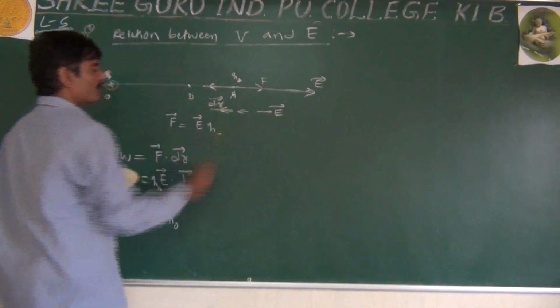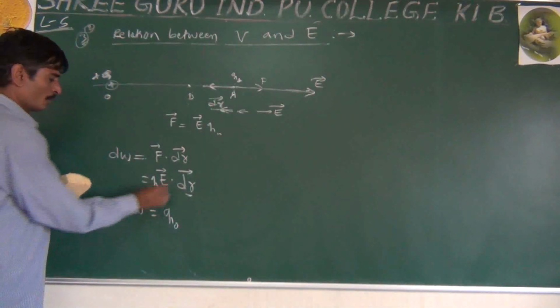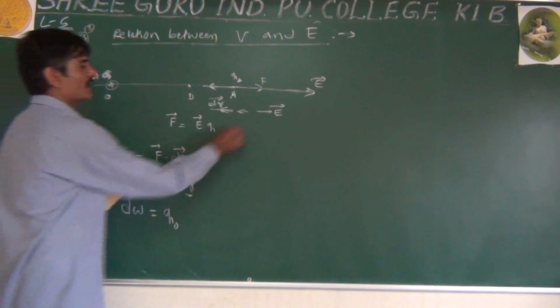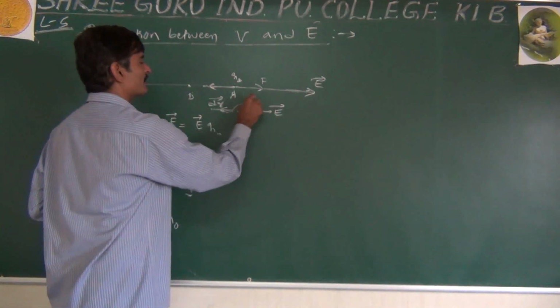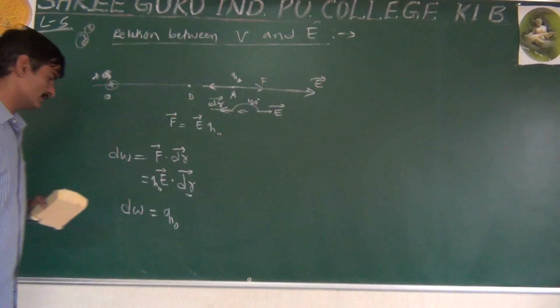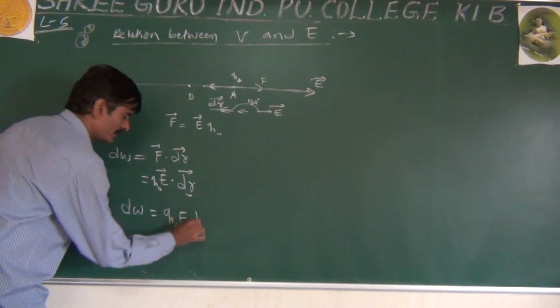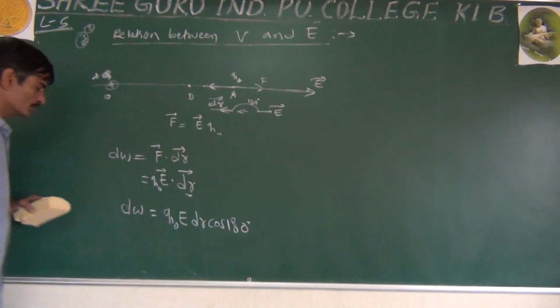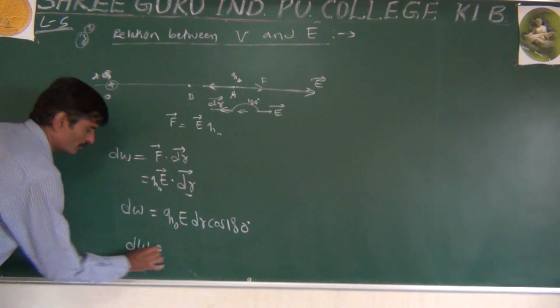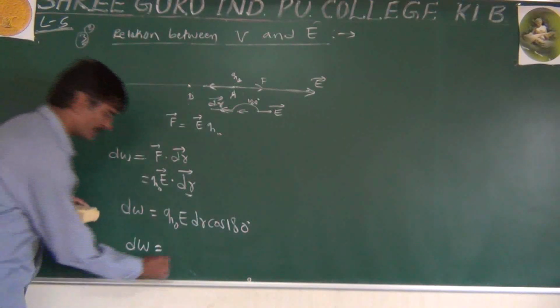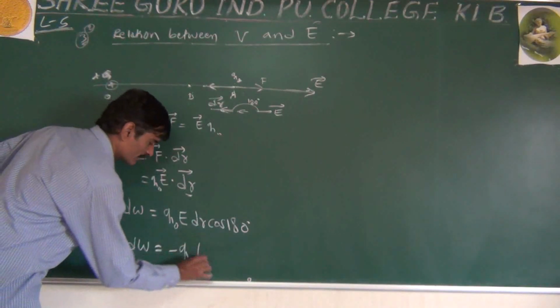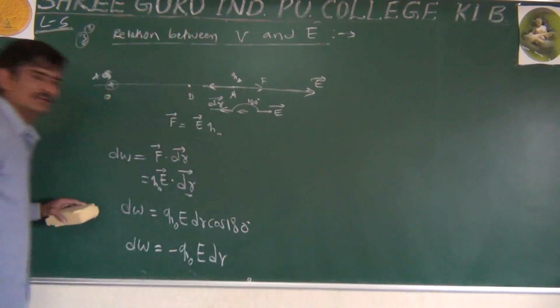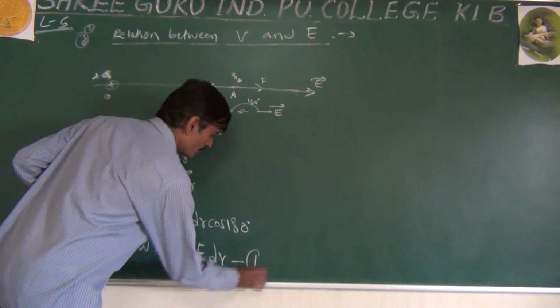Then what is the angle between the electric field and dr? The angle will be 180 degrees. So you can write Q naught E dr into cos of 180 degrees, and cos 180 degrees is minus 1. So dW is equal to minus Q naught E dr. Call this equation number 1.